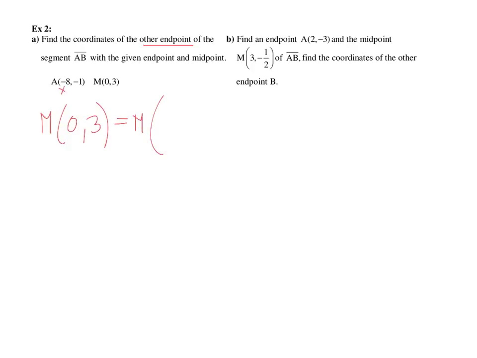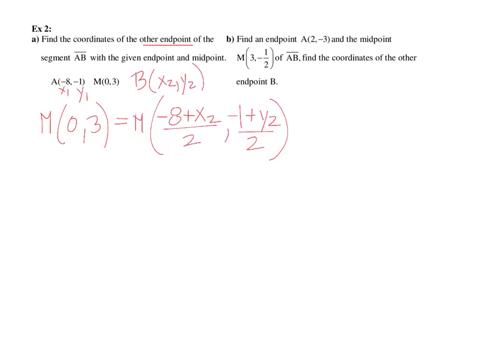So this is my x1, y1. I'm trying to figure out my x2 and my y2. All right, so my x1 is negative 8. Then I have plus x sub 2 divided by 2. Then I have negative 1 plus y sub 2 over 2.